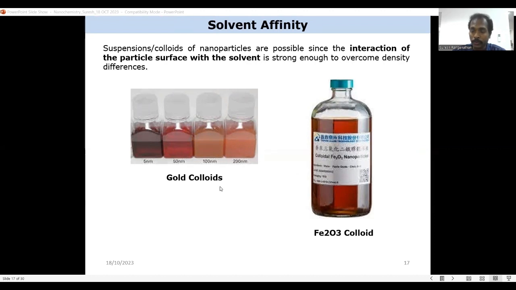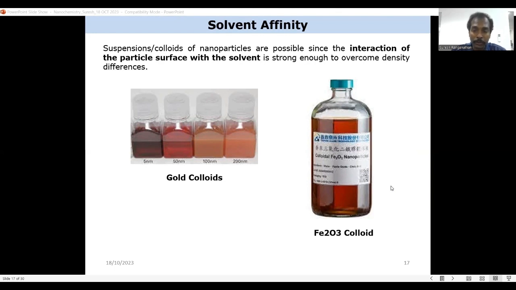You know that gold is insoluble in water, but if you reduce its size, we can get gold nanoparticle colloid solutions in a water medium. Similarly, we can also get Fe2O3 colloidal solutions. The dispersion of nanoparticles in water is because of their interaction with the solvent particles.